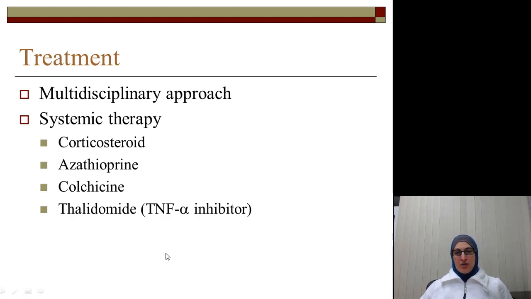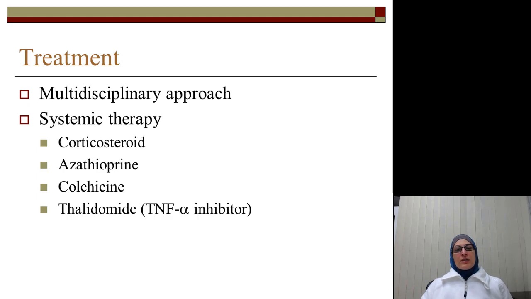Usually they take care of the patient. How is the patient treated? Now he's under the care of the rheumatologist. If his eyes are involved, the ophthalmologist will be involved in the treatment. If the skin is involved, a dermatologist would be involved. So it depends on where the disease is active.